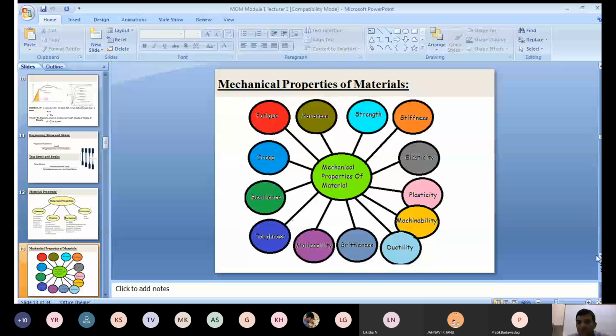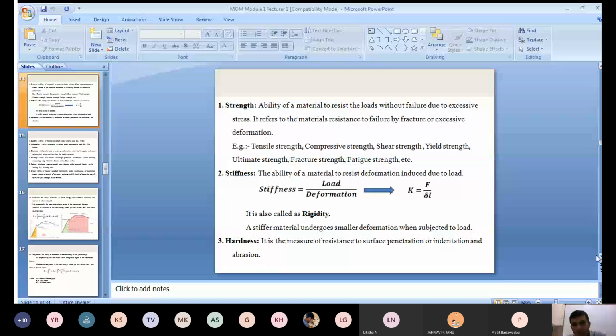Right? Strength is nothing but the ability of a material to resist the load without undergoing excessive deformation or any failure. That ability is called strength. Depending upon the type of load acting on the component, we can name it tensile strength, compressive strength, shear strength, yield strength, ultimate strength.